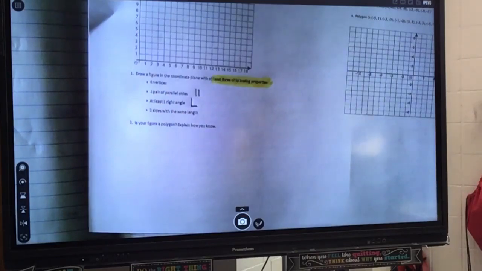Did you guys answer number 2? Draw your lines, so you can actually see your shape.